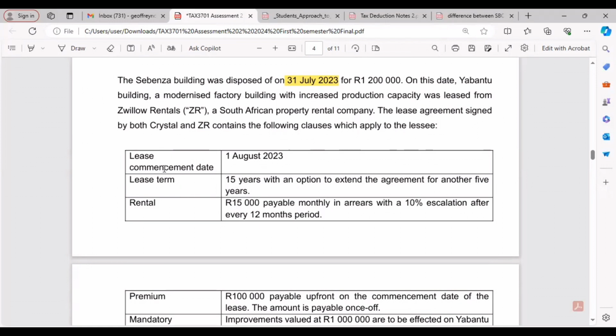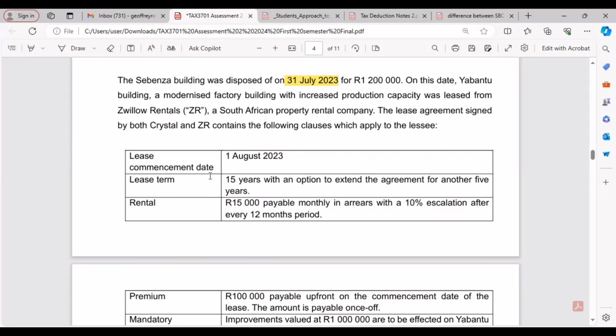Now when it comes to a lease, most of the time they are going to ask you on what they call a lease. So what would have happened is that you are leasing a place, or an area, and then the owner of that area says, can you effect some improvement on that place?